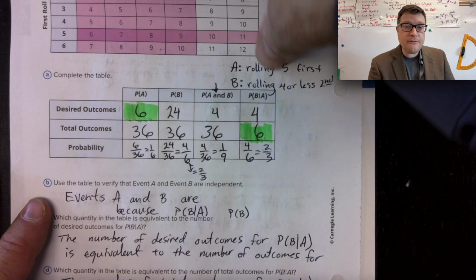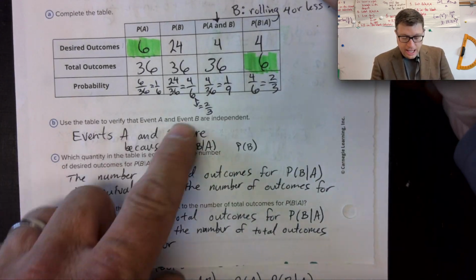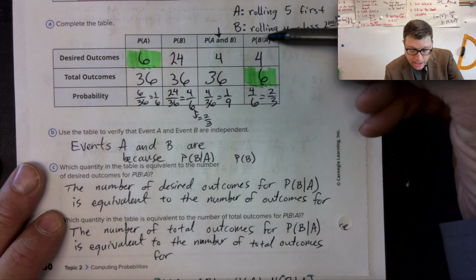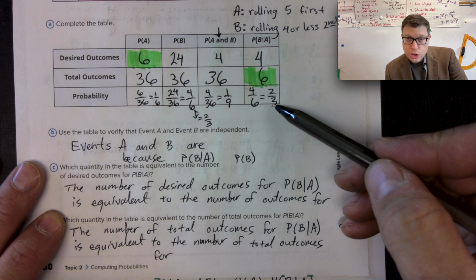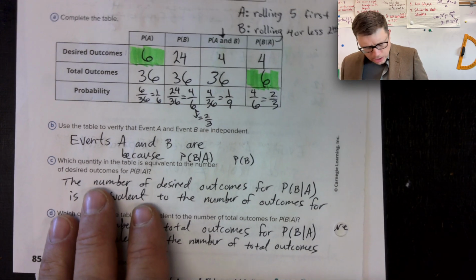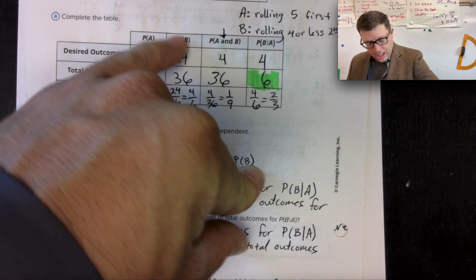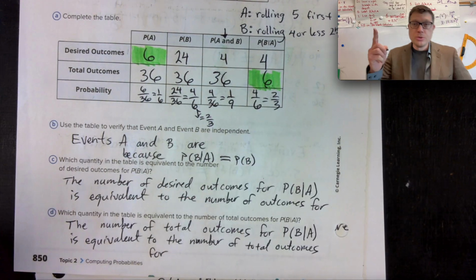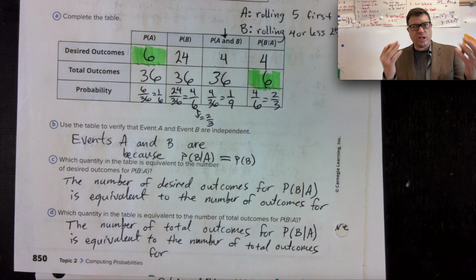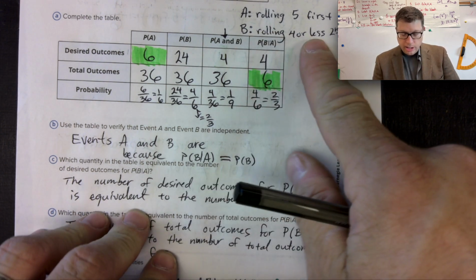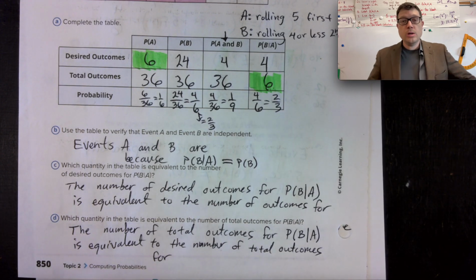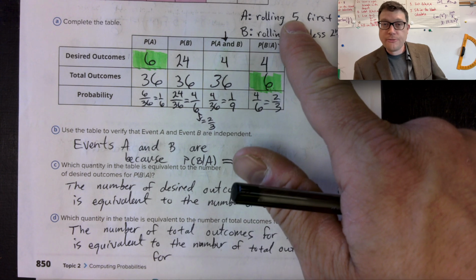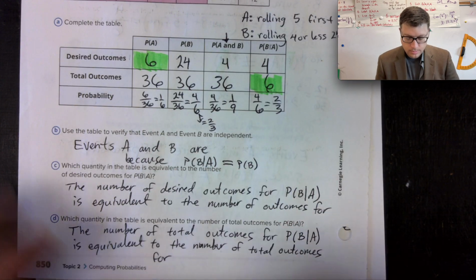Use the table to verify that event A and event B are independent. Well, if we look at the probability of B given A, that's 2/3. And then we look at the probability of just B, that's also 2/3. So because those two probability scenarios are equal, probability of rolling a 4 or less on the second roll, probability of rolling a 4 or less on the second roll given you rolled a 5 on the first roll, they're equal.